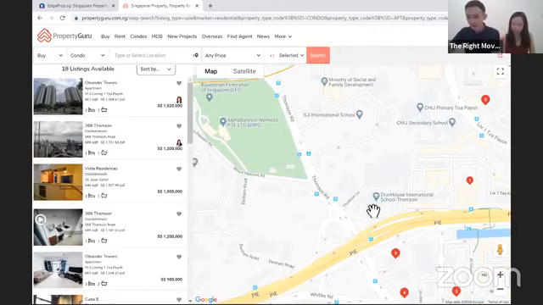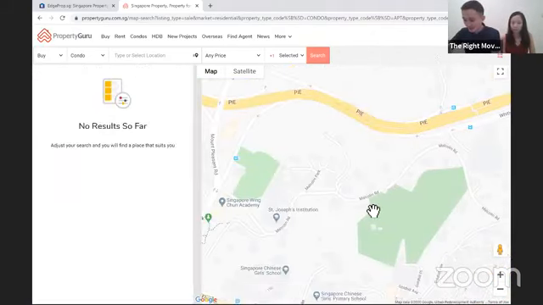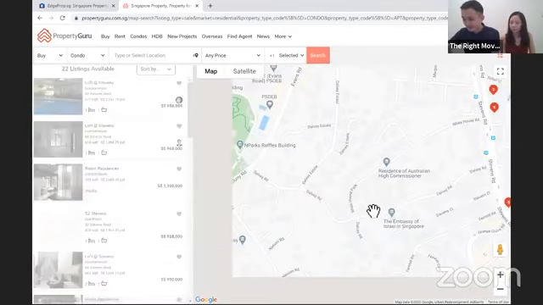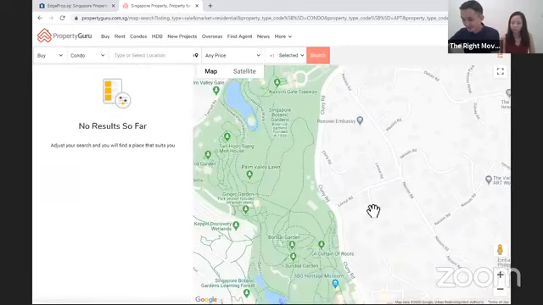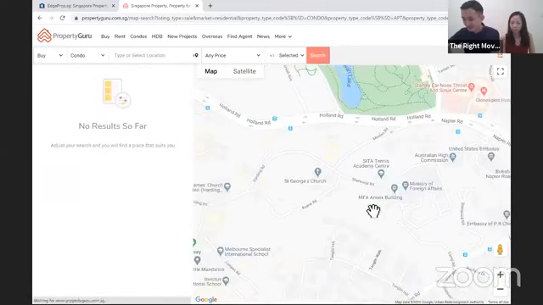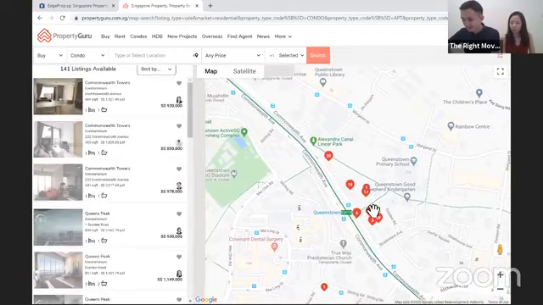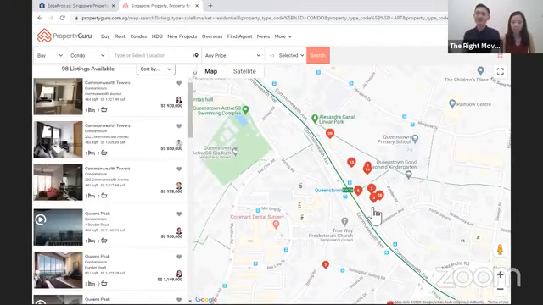Now we go over to Queenstown, all the way down. Queenstown MRT, 98 listings. Queenstown, Redhill, Tiong Bahru are very popular areas with first timers.